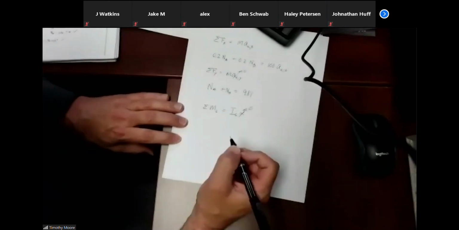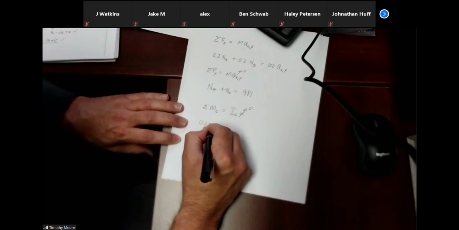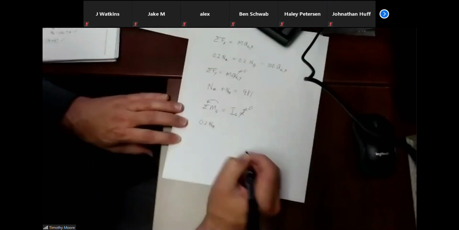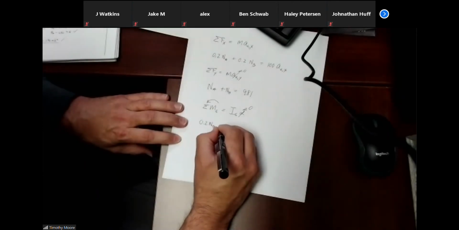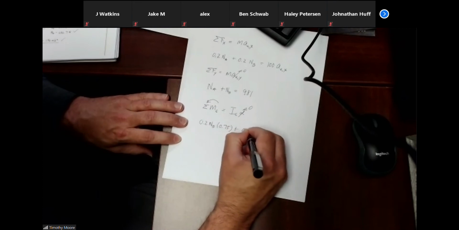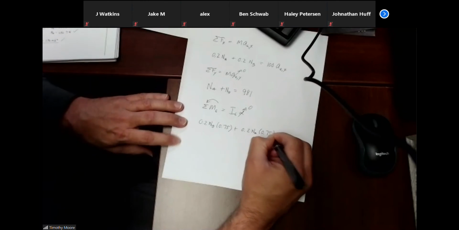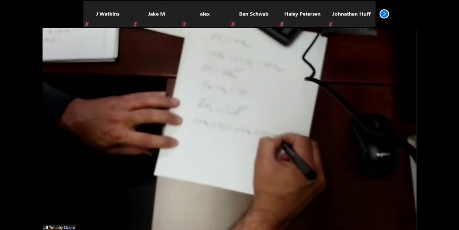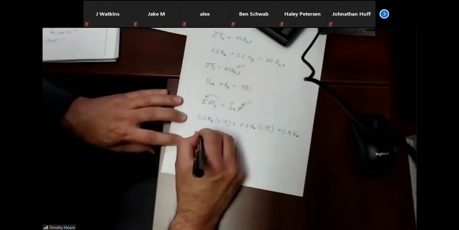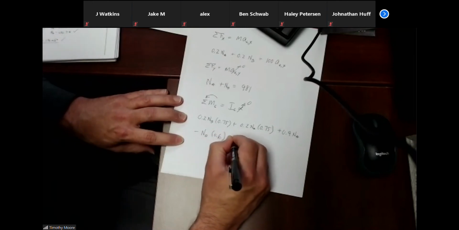So when we write this equation, we get 0.2 times the normal force at B, I'm assuming moments in that direction to be positive, times 0.75, plus 0.2 times the normal force at A times 0.75, plus 0.9 times the normal force at A, minus the normal force at B times 0.6. And this is equal to 0.